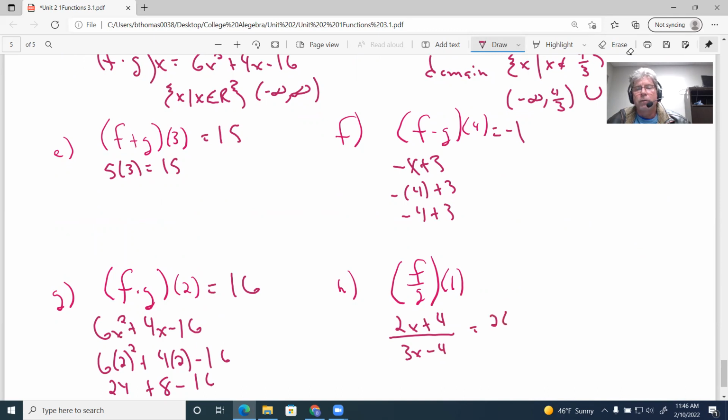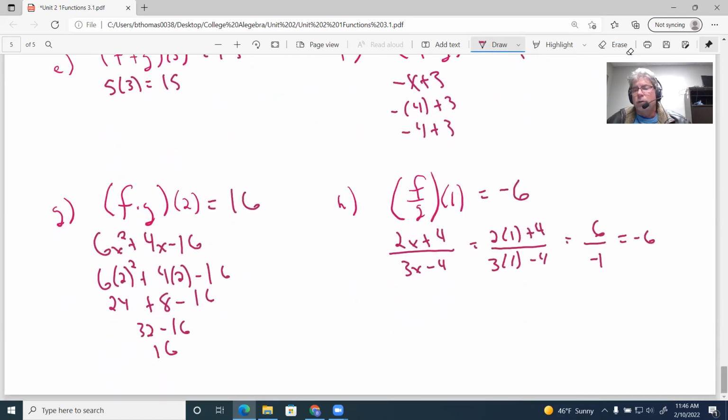So it's going to be 2 times 1 plus 4 over 3 times 1 minus 4. So 2 times 1 is 2. 2 plus 4 is 6. 3 times 1 is 3. 3 lose 4 would be negative 1. So 6 over negative 1 would be the same thing as negative 6. So that would be negative 6 as an answer.